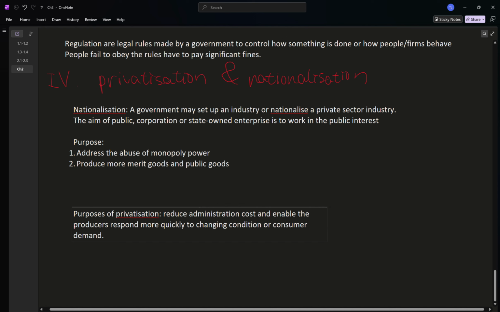Because there are a lot of procedures in a state-owned enterprise. So if you want to react more quickly to public demand, to consumer demand, you might want privatization.